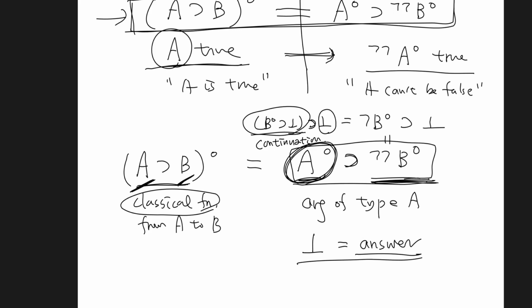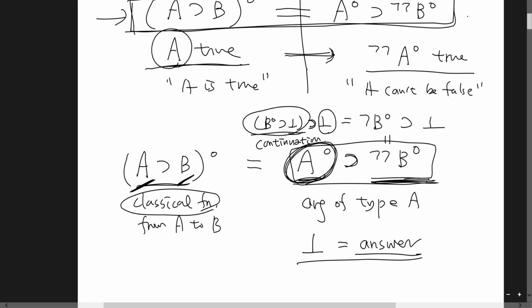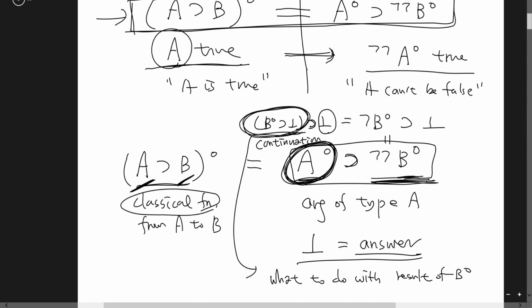So what that means is that first, give me an argument of type A circle. Instead of returning the result of type B circle, I need you to provide me with a continuation of this type. That is, this is basically what to do with some result of type B circle. So I refuse to return the result of type B circle right away.